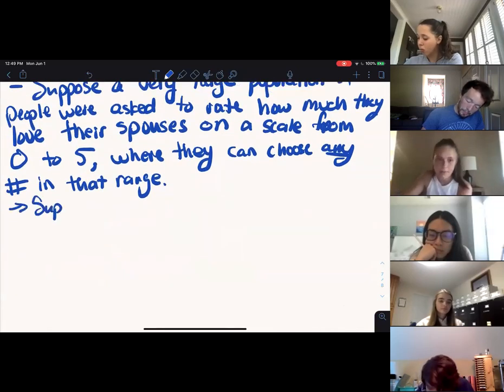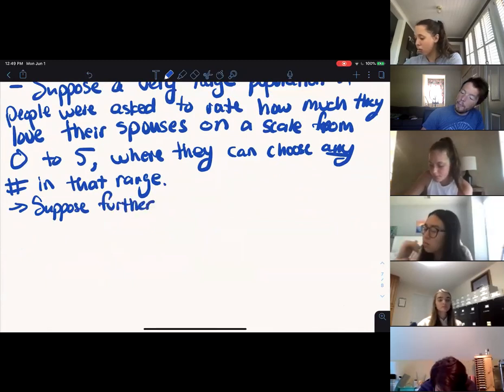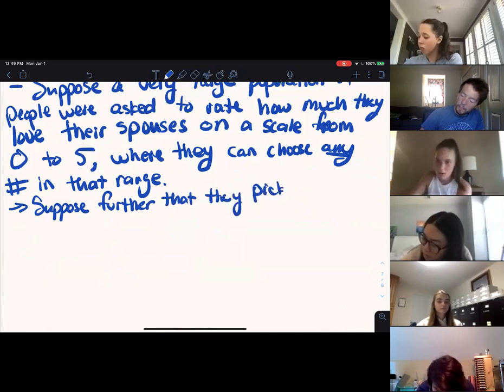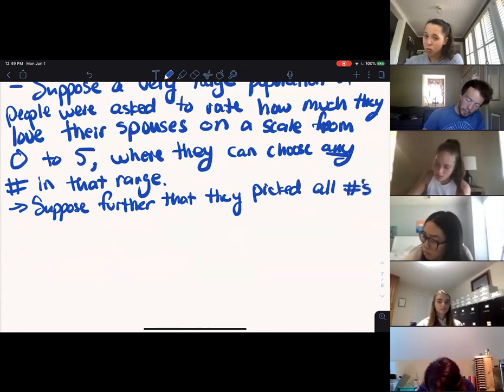Suppose further that they picked all numbers in that range with equal probability.